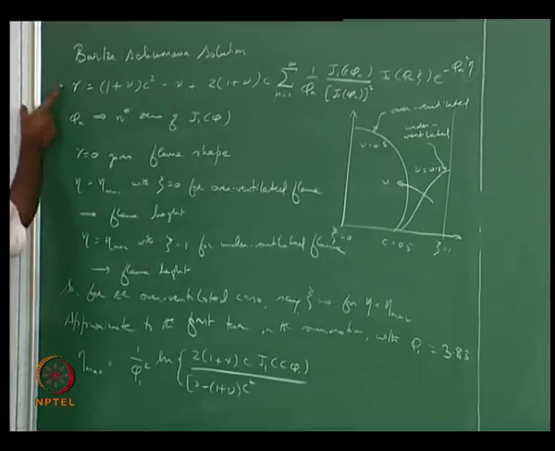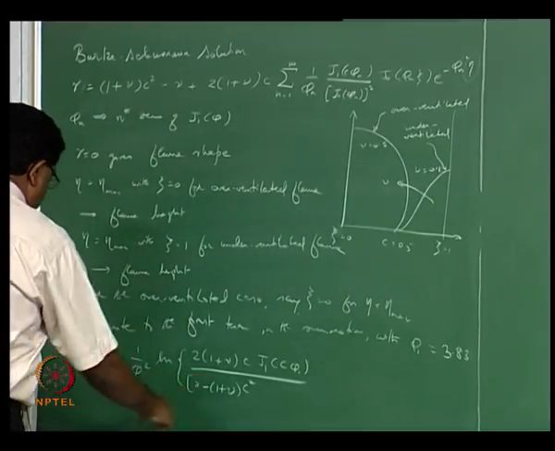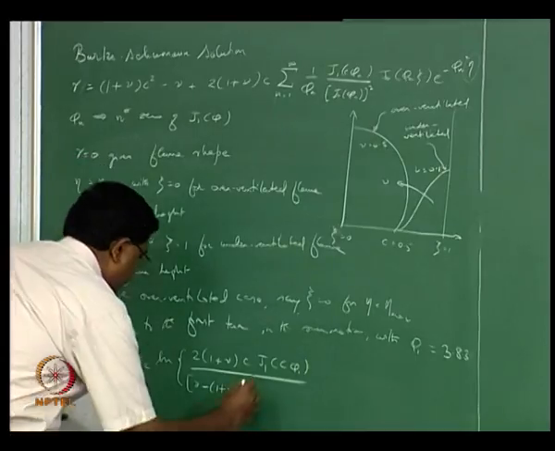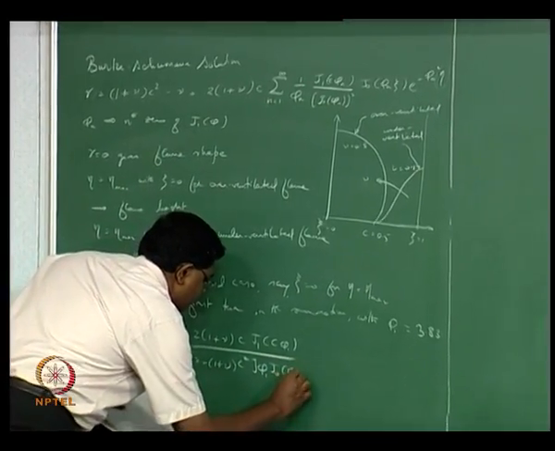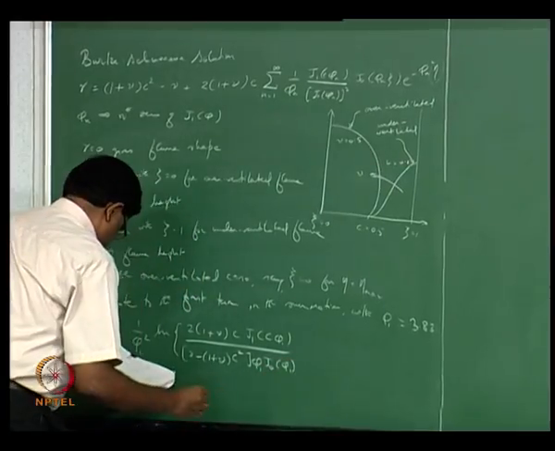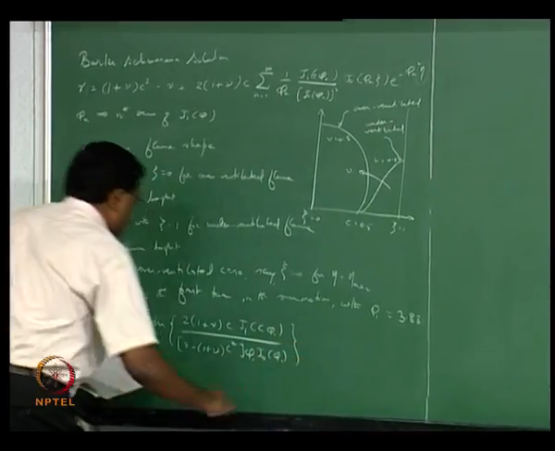When this goes to the left hand side, you get a negative sign, so this flips, times phi 1 J naught of phi 1, right.